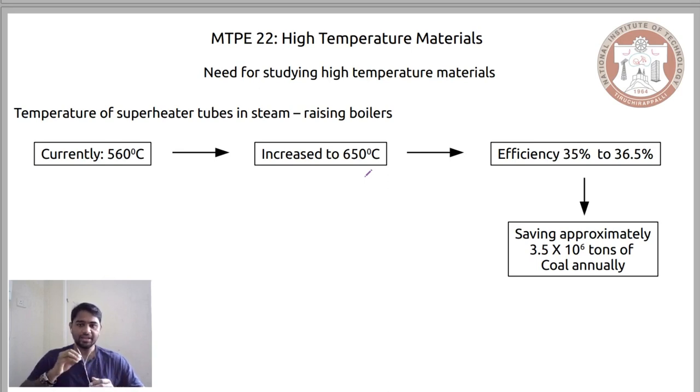As we have seen, it has huge practical relevance, and there are numerous teams working exclusively on high temperature materials to cater to the needs of a particular application. And of course, if you are interested in working on it, you could become a go-to person for high temperature materials for a particular application. As I see it, there is a wide scope in the scientific community for people who are willing to work on high temperature materials. So think about it, and let's see each other in the next lecture.